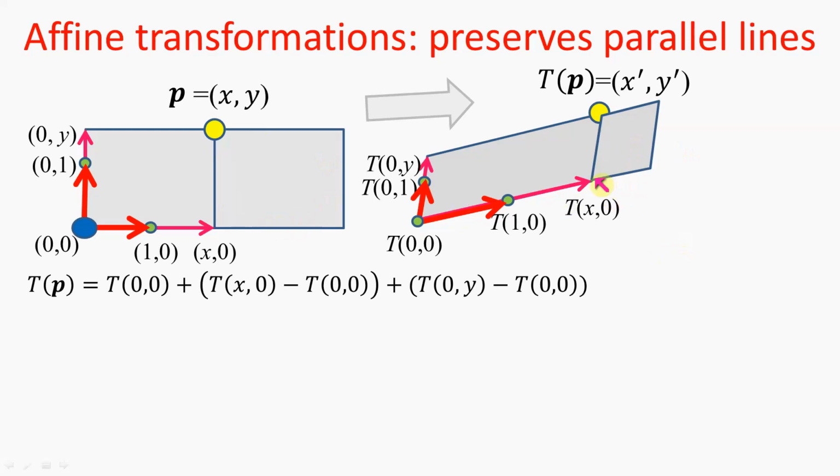It's quite obvious that the edge of this new rectangle must be the continuation of the edge of the previous rectangle, because lines are mapped to lines by affine transformations, and here the two edges are on the same line, so after the transformation, the transformed edges must also be on the same line.